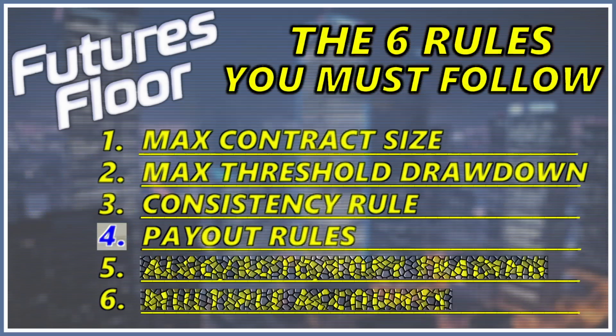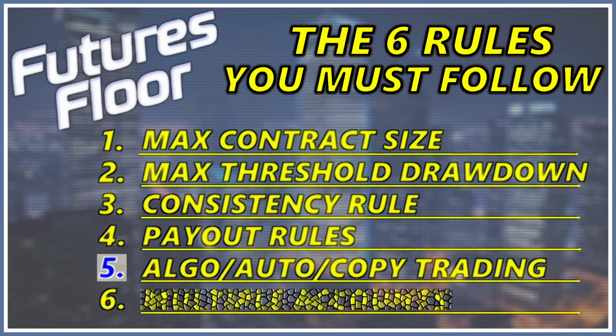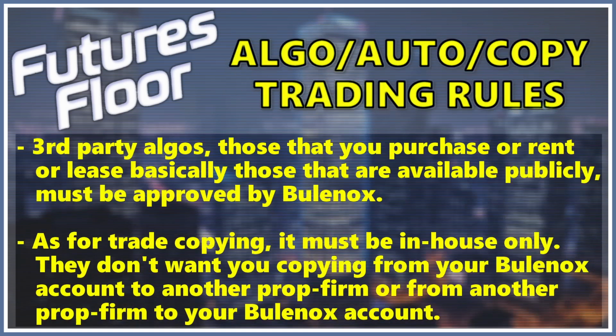Must know rule number 6 is the algo and the copy trading rules. These are pretty simple. Third-party algos, if you're renting or buying or leasing an algo, anything that's available publicly, I guess even if you're getting it for free off of Discord and a bunch of people are using it, you need to have it approved by Bulenox.